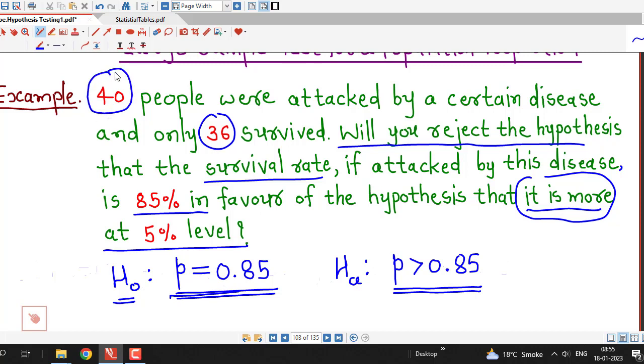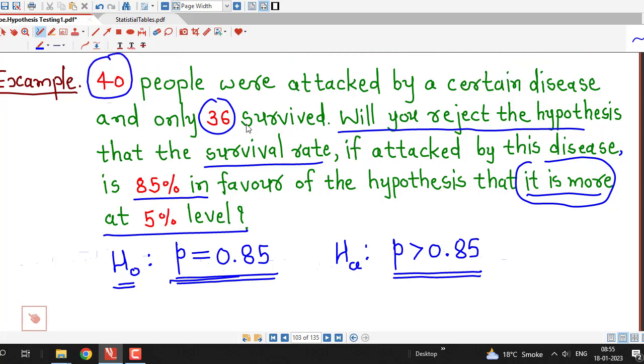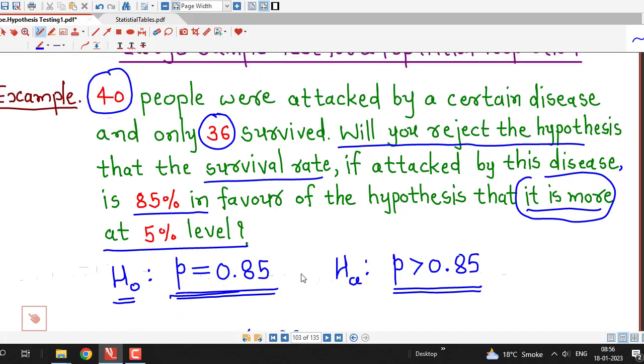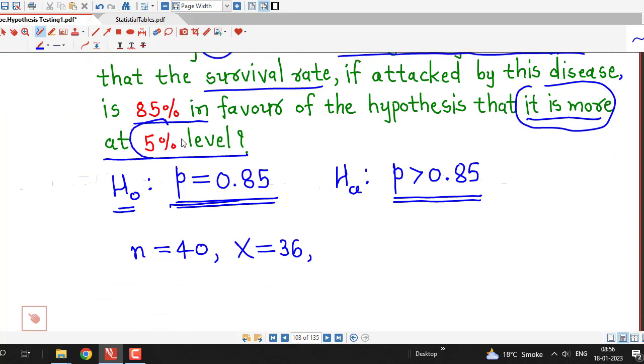They are considering a sample of 40 people and they find that 36 people survived after attack by this disease. So the sample size is n equal to 40, and capital X, the number of people who survived, is 36, and the level of significance is 5%, that is alpha equal to 0.05.